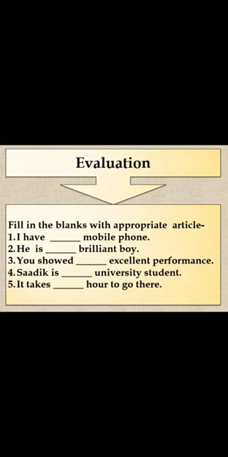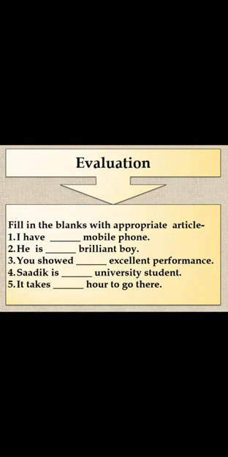Let us go out for a walk. It's one kind of use of a or n. For a walk. This is a U. So the vowel is pronounced like U. That's why here will be a instead of n. Okay, let's practice. I have dash mobile phone. So it's mobile. The first letter M is a consonant.